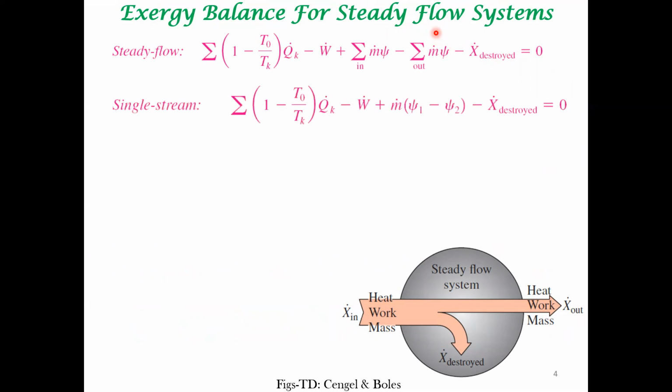For a simple case as shown here, if you have just a single stream, there is exergy interaction associated with heat interactions and work interaction, and then exergy input and output, and then there is this destruction term, right? Which gives rise to a decrease in exergy.